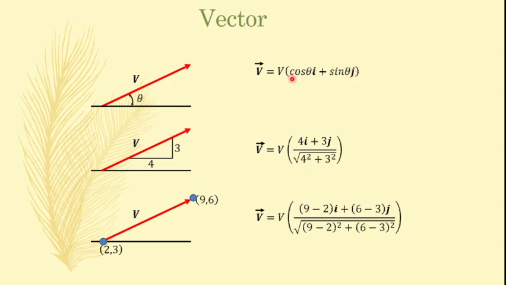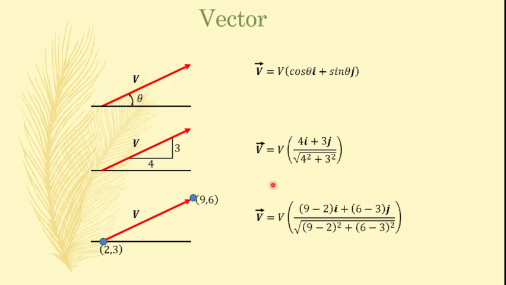These i and j are unit vectors and it describes the direction. We can represent any vector in this way: the vector v is equal to the magnitude of the vector times a term that defines the direction of the vector.